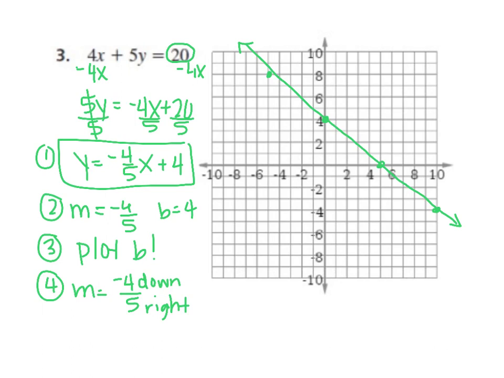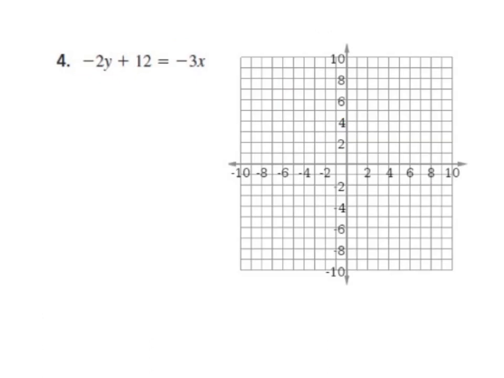And the last one, I get y by itself. Right. It's up to you how you want to go about that. This time, what if I add the 2y to this side and add my 3x to the other side?